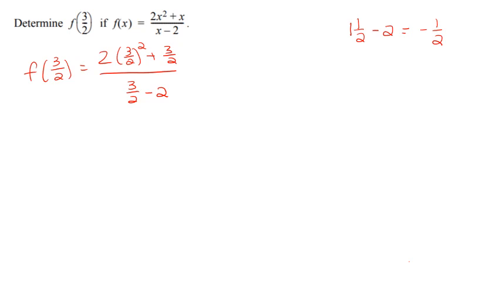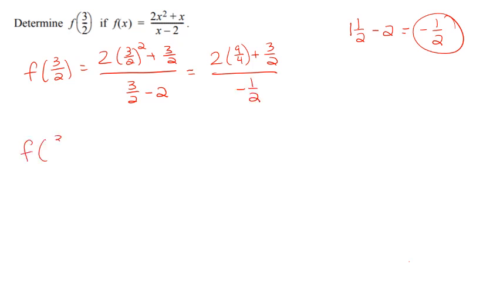You could find a common denominator, but that's kind of like a pizza pie method. If you guys remember, I know it's been a while, but 1 1/2 minus 2, it's going to be negative 1/2. So the numerator is going to be 2 times 9 over 4 plus 3 over 2 all over, and then from our side work, negative 1/2.